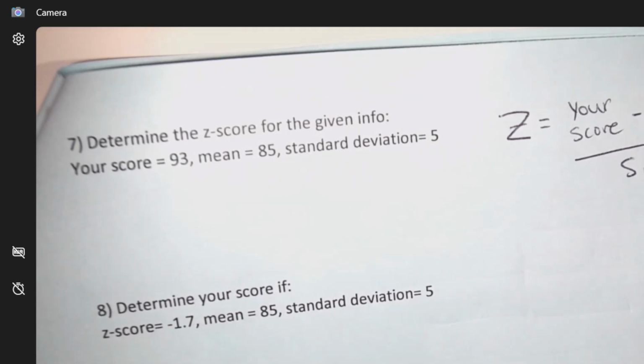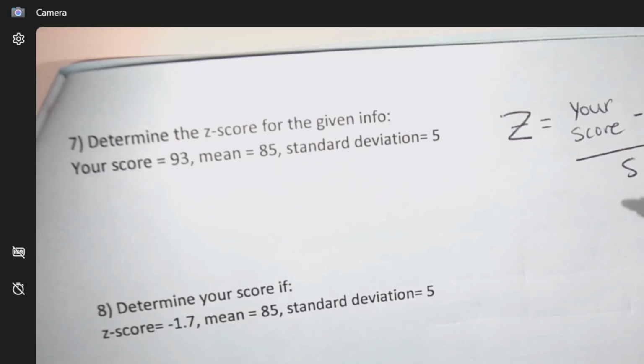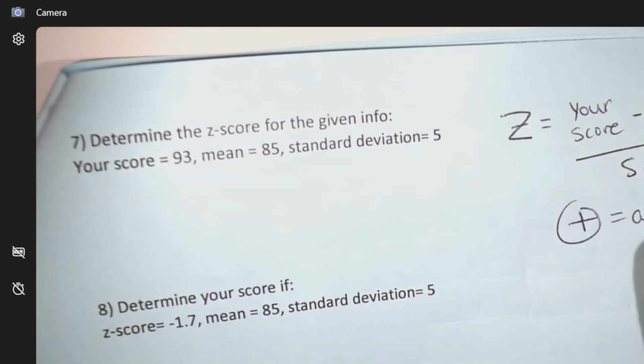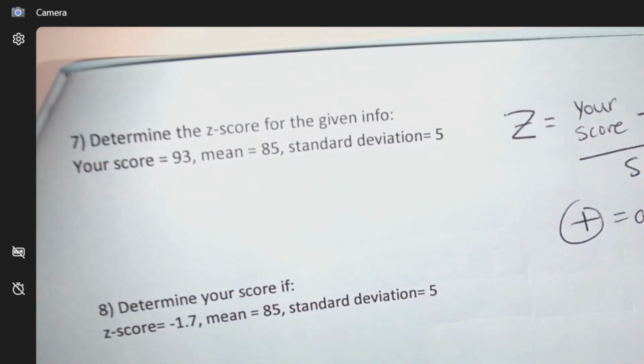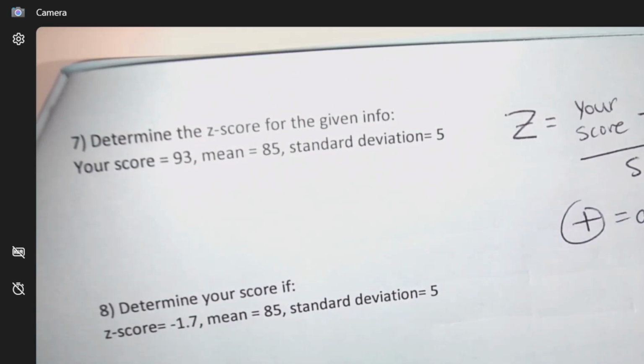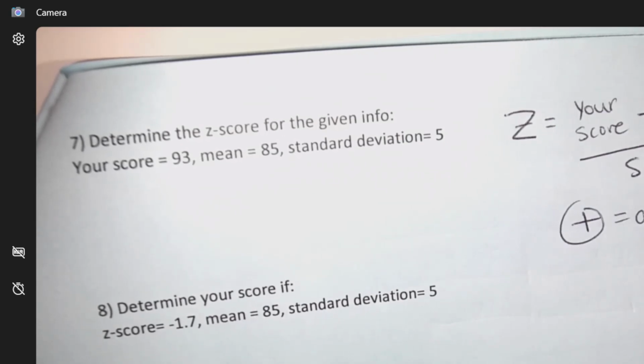So if you want on your sheet, you can put it in words, right? And then you know what you're doing. Your score minus mean over standard. Okay, please, just the general idea, you should understand if you're above the average, you have a positive Z-score.